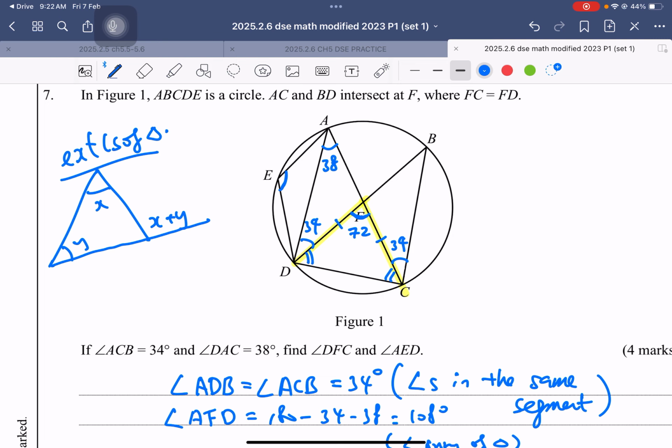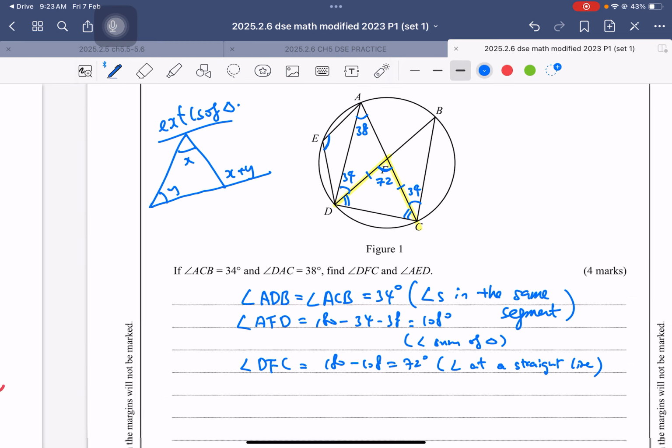Then what's the next step? If this is 72, then what is the angle here? 180 minus 72, which is 108. But these two angles are the same, so the sum of them is 108, and each is 54.